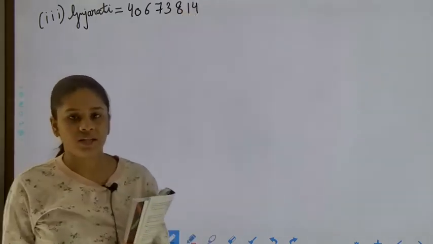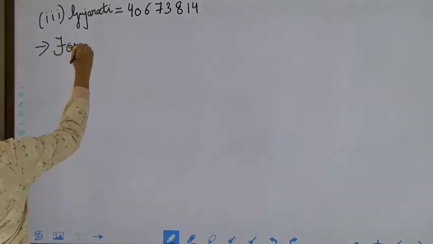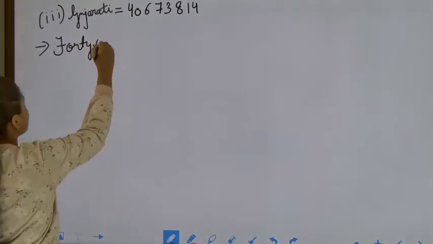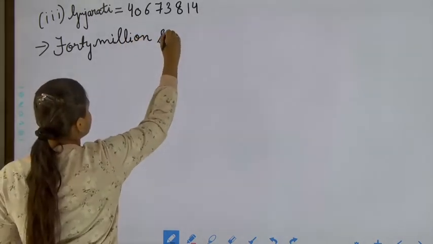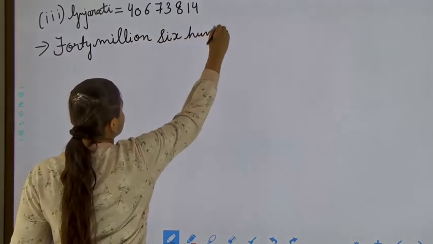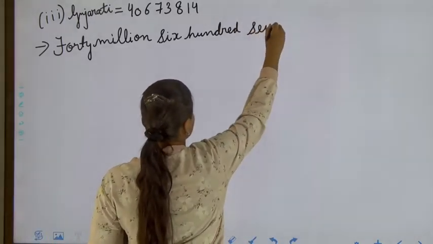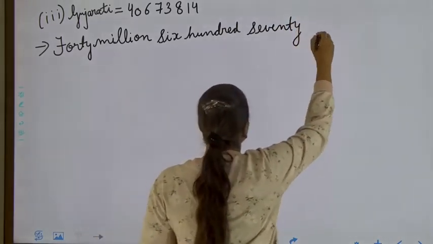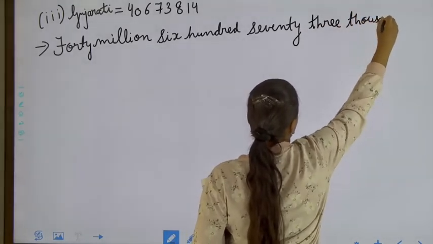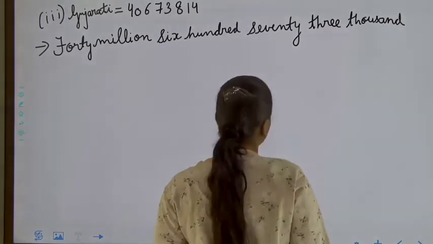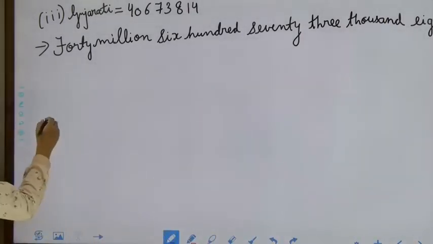Now again we have to write in the international number system. That is 40,600,000 73,000 800 814.